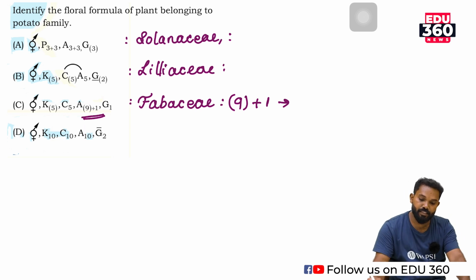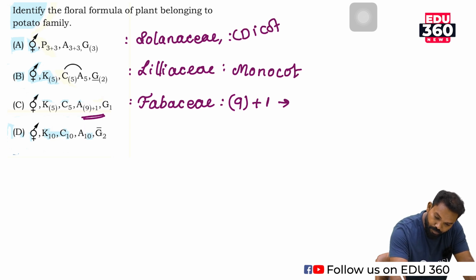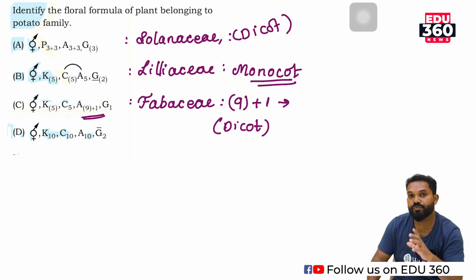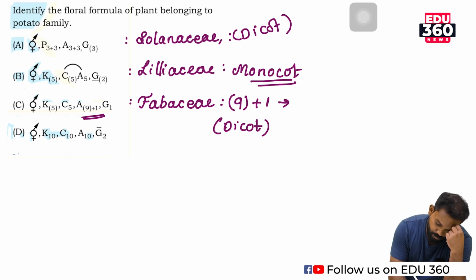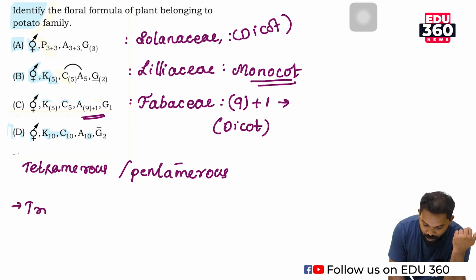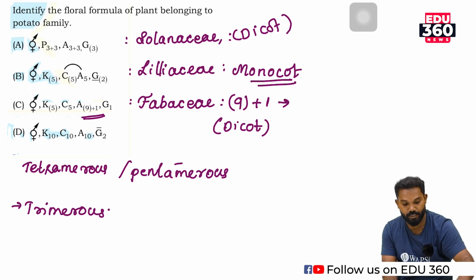Then Liliaceae is a monocot family. Solanaceae is a dicot family, Fabaceae is a dicot family, but Liliaceae is a monocot family. A dicot family may be tetramerous or pentamerous, but monocot families are trimerous.